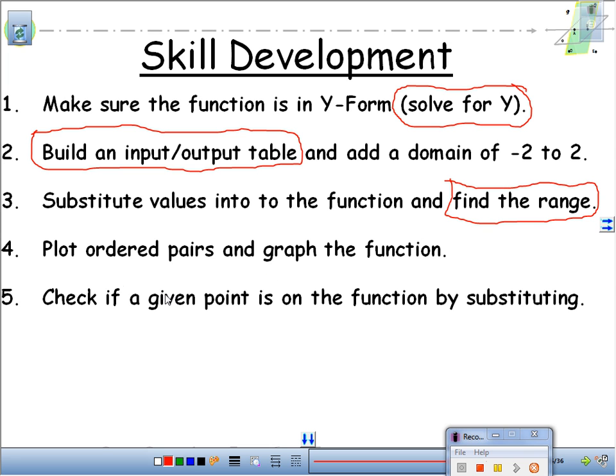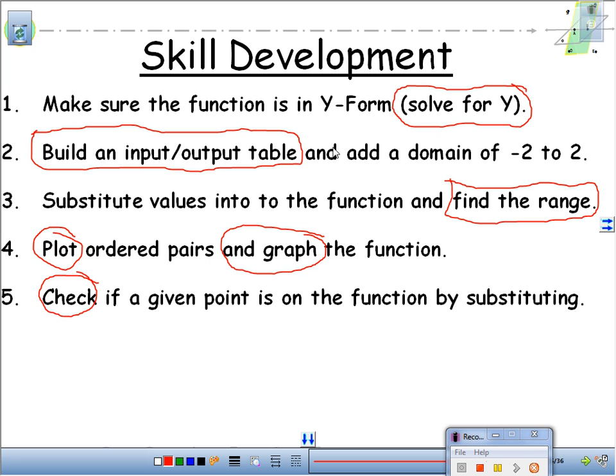Step 4, plot and graph. And at the end, check. Fairly simple. Solve for y, build your table, find the range, plot and graph, and check.